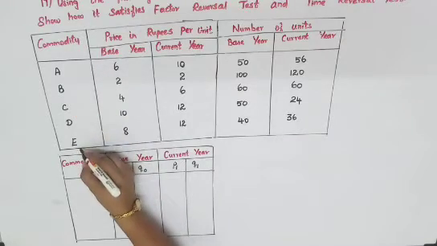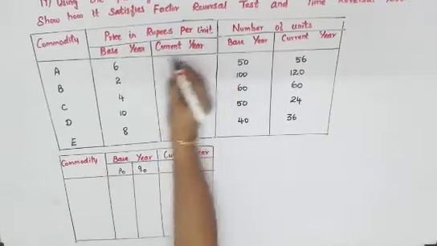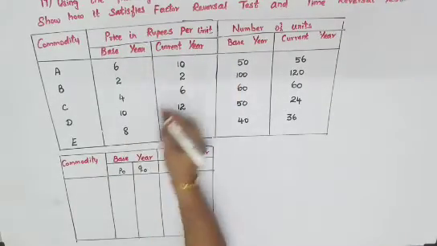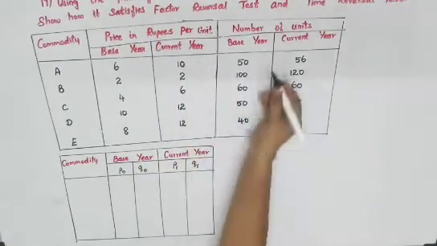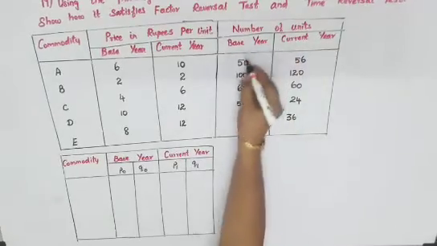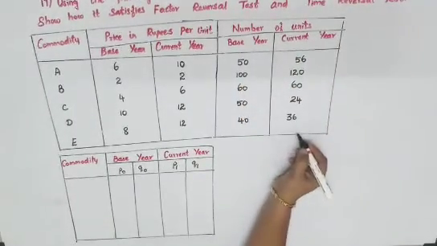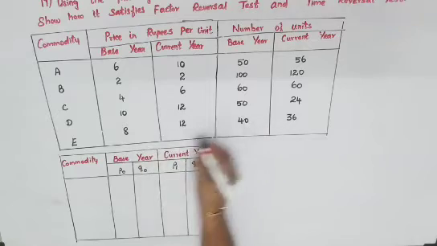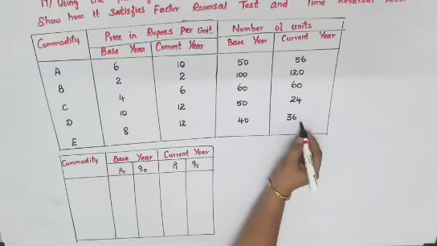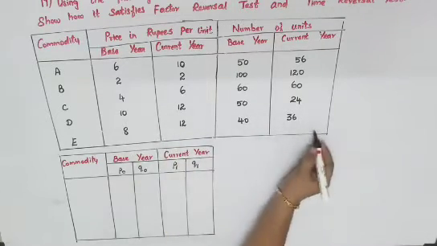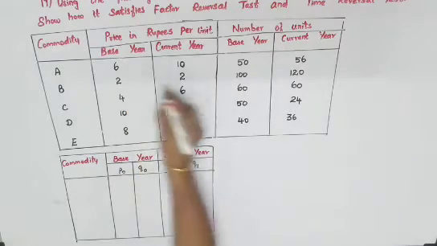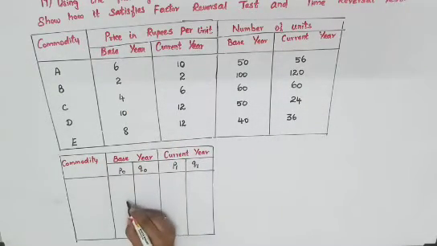The commodities are given, price in rupees per unit for your base year and for your current year. Next, number of units again for the base year and current year is given. Normally the base year should be given together and the current year together. Here it is given separately. Taking properly you can do this, otherwise you will have to convert your table.